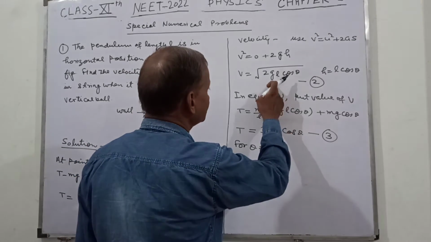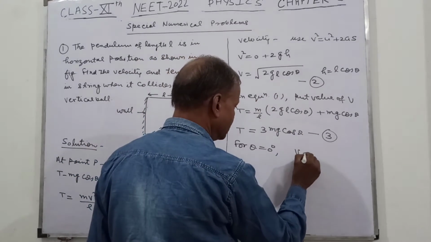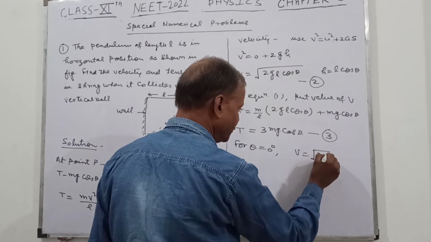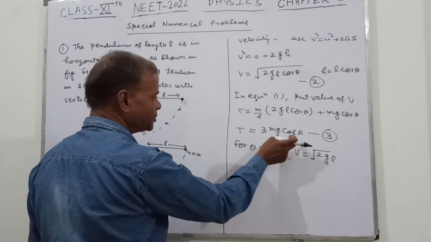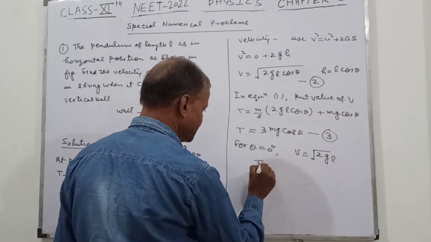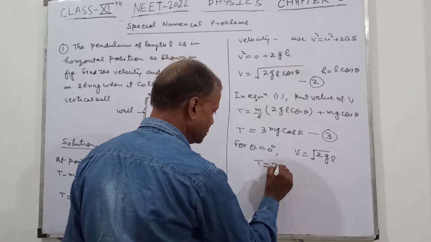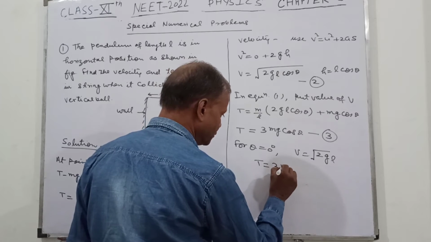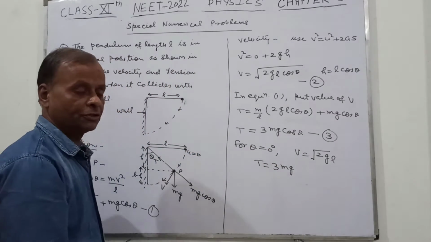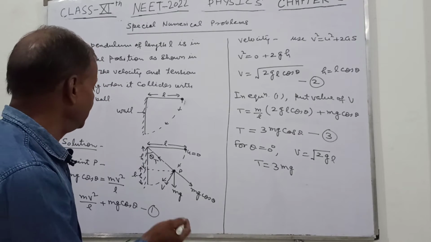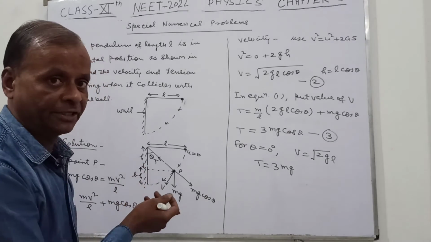So v equals square root of 2gL. Tension will be T equals 3mg cos 0, which is 3mg. If you have some other value of theta, then you can find it.